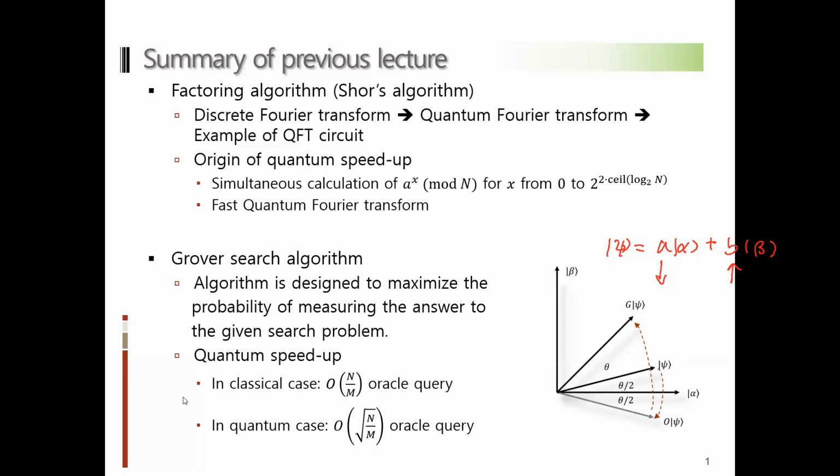If I calculate the number of steps, the number of necessary oracle queries is much smaller, and its scale is like the square root of the necessary oracle queries for the classical case.